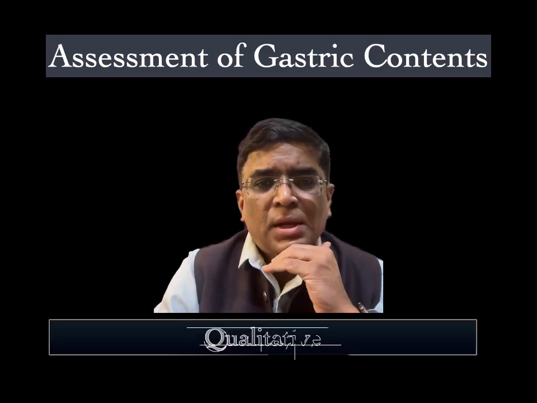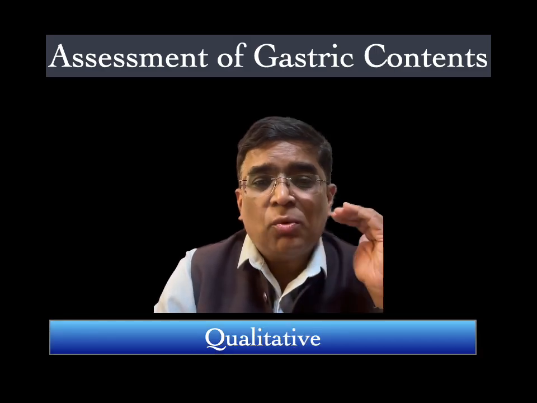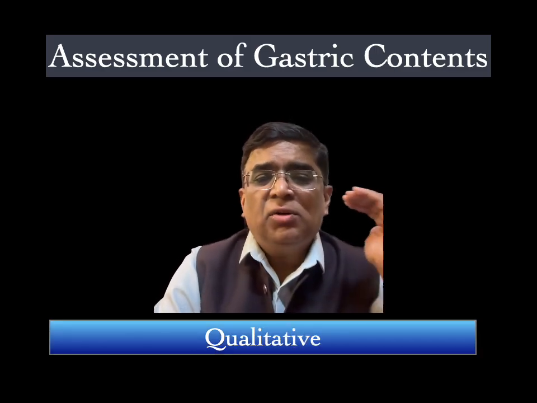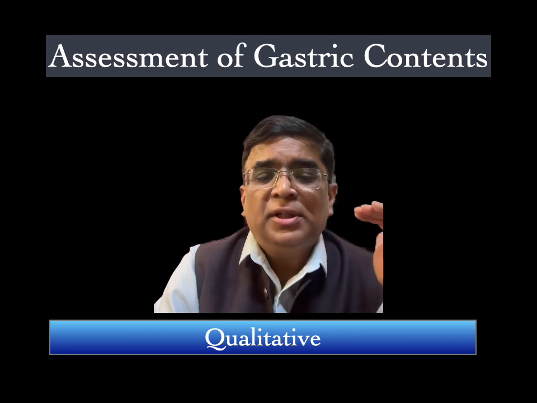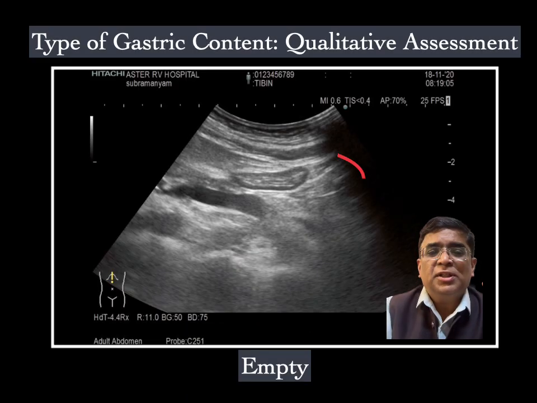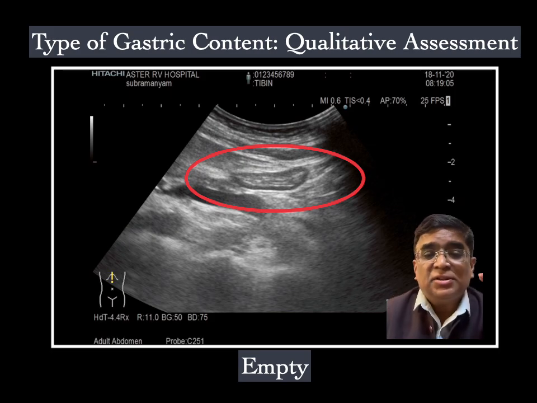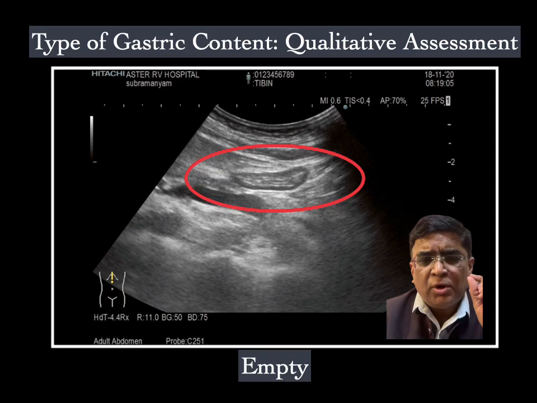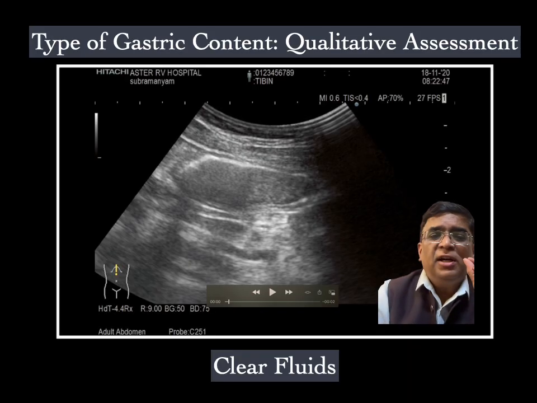The first thing is qualitative assessment. You take the image in standard positions and identify whether the stomach is empty or not. Take a picture, freeze the image, have a close look, identify the pattern and say whether it is empty or not. It could be filled with liquid.